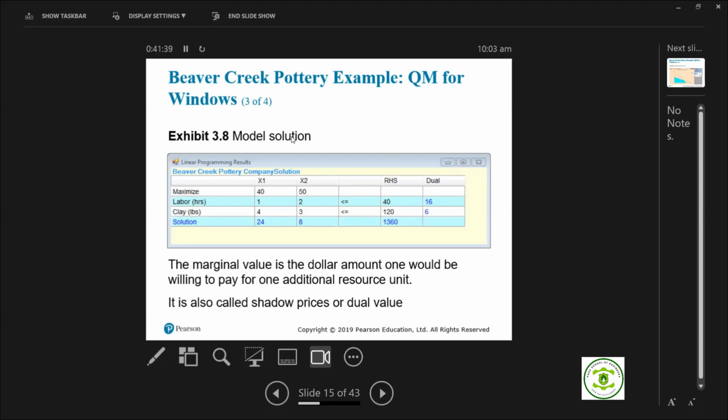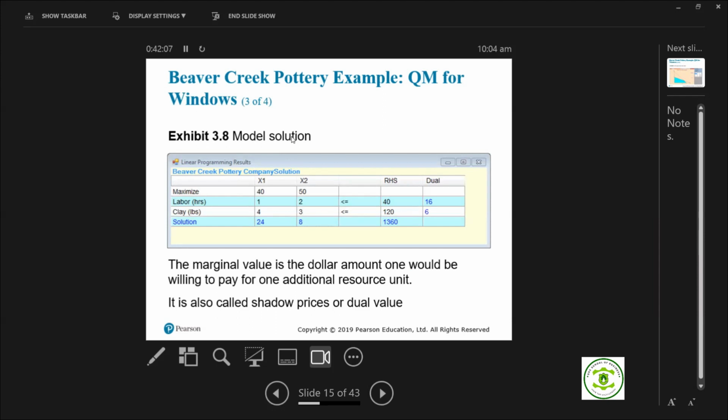But there's another illustration here. You see on the last column, we have what we call dual. The dual values are also called marginal values.